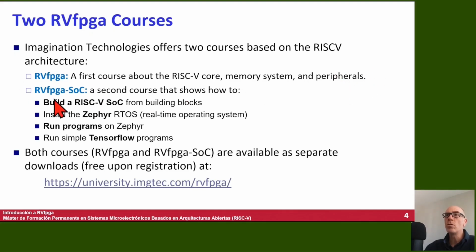The second, RVfpga SoC, shows how to build a RISC-V SoC in Vivado, install the Zephyr real-time OS and use it to run programs, and finally how to use the TensorFlow machine learning platform to run basic programs. Both courses are available for free on the Imagination Technologies University program page.